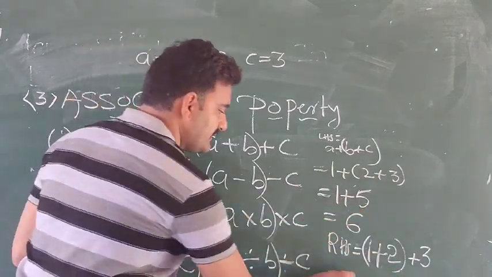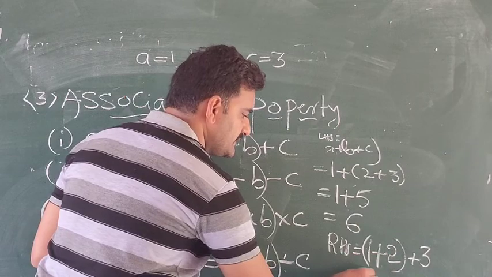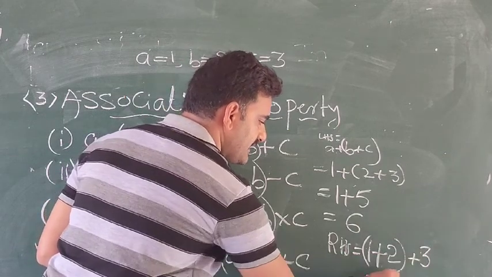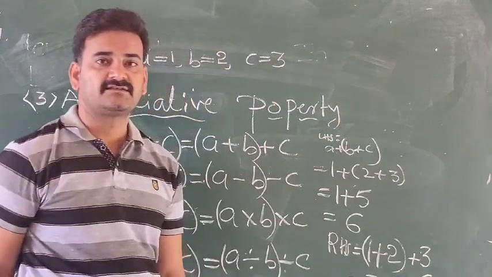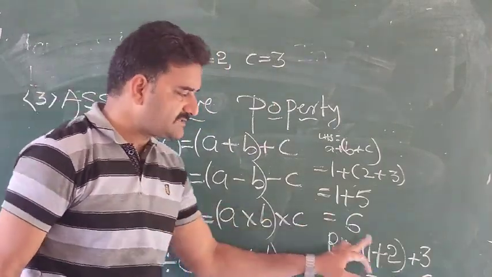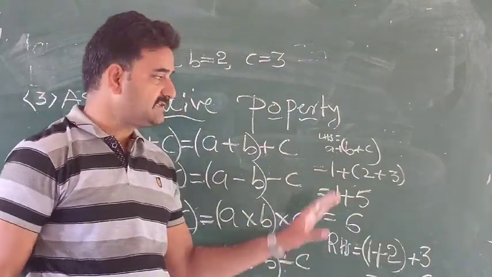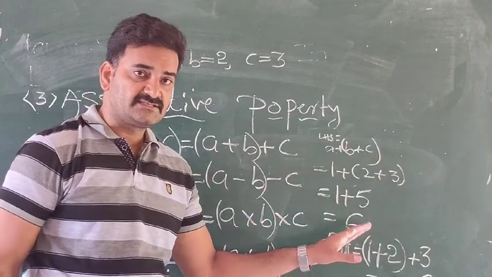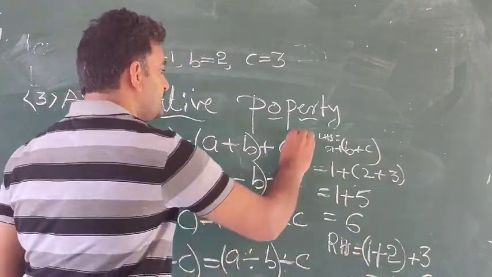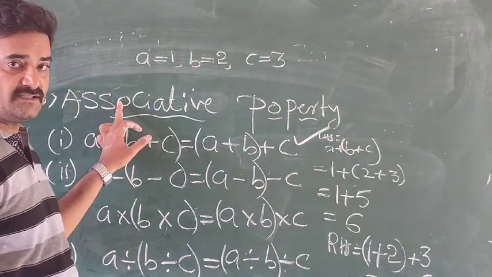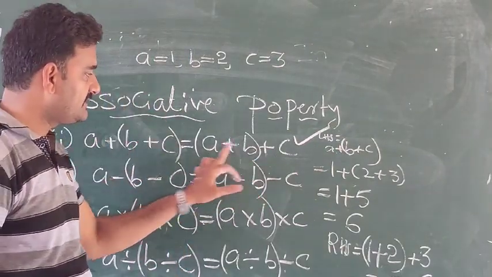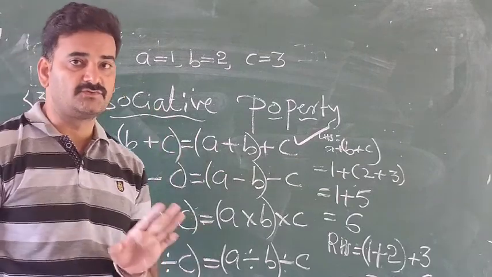Now you see, 1 plus 2 is 3, again this 3 as it is. Now 3 plus 3 is 6. Here also 6, here also 6. That means the answer is the same. So that's why it holds good. So associative property under addition holds good.